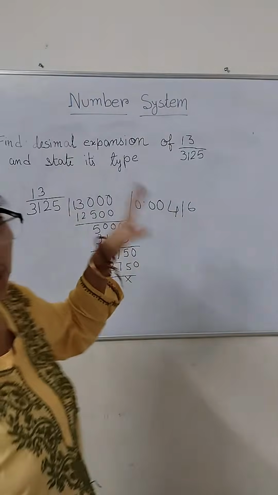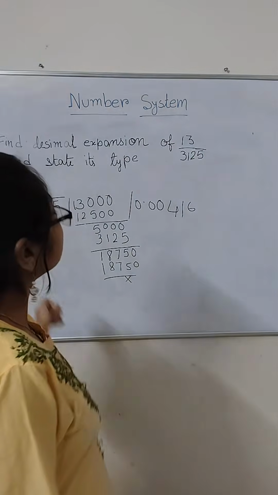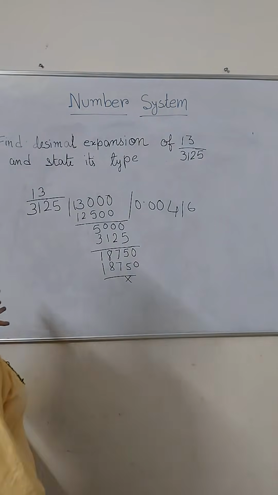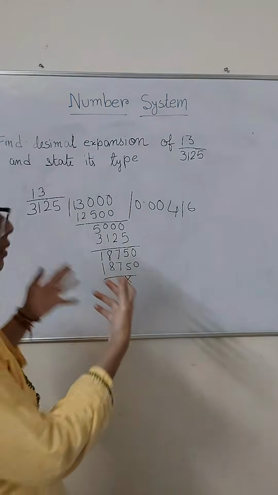Here look, no remainder is here. Means what's the type of that one? This is a terminating decimal.